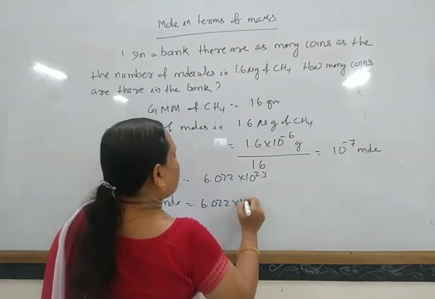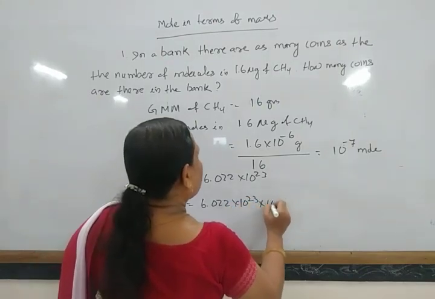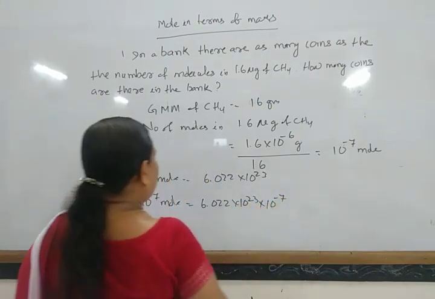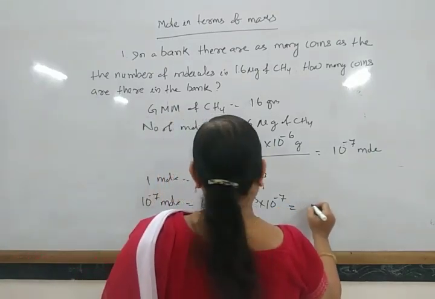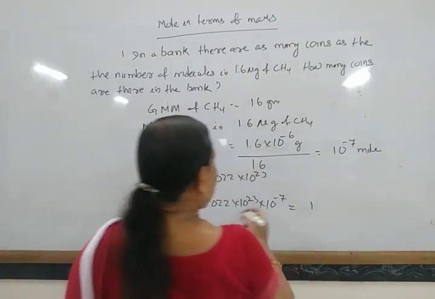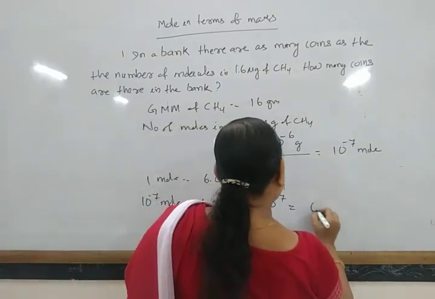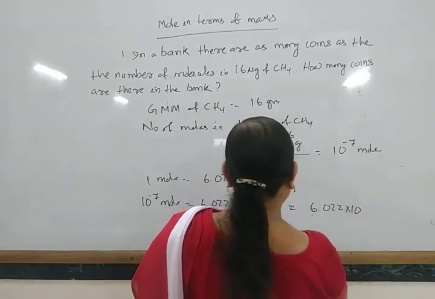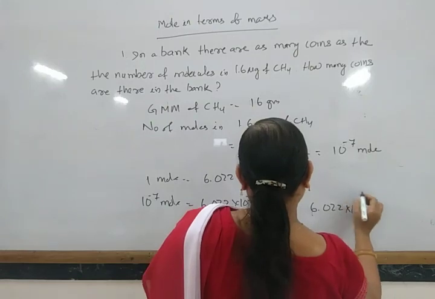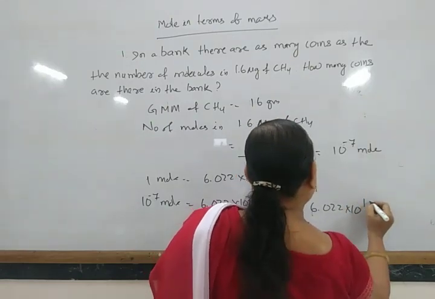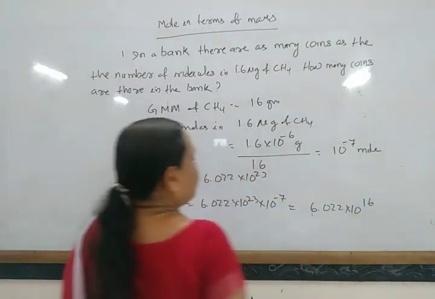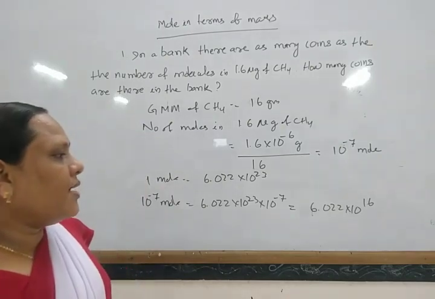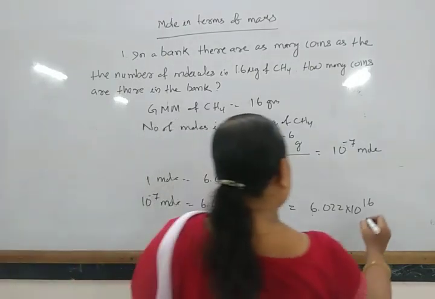6.022 × 10^23 × 10^-7, so that is equal to 6.022 × 10^16 numbers.